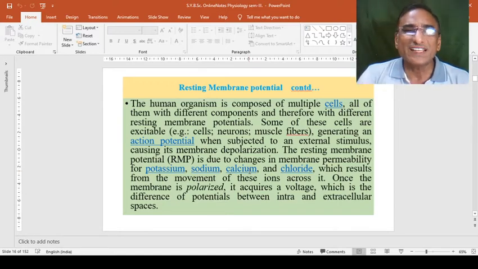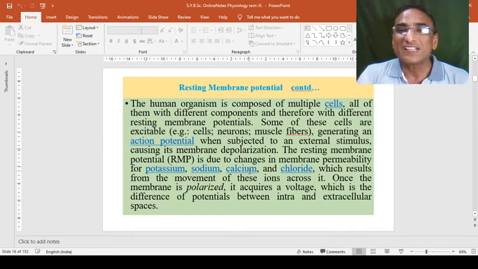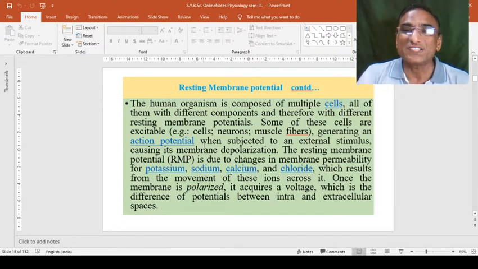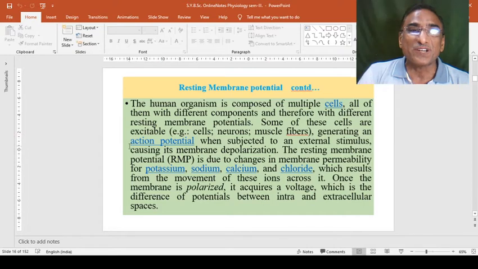Some of these cells are excitable, meaning they show exciting movements as a response to the sensation they receive. Example, neurons or muscle fibers. These are very sensitive and show very exciting activity on stimulation. During excitation, these cells generate action potential.